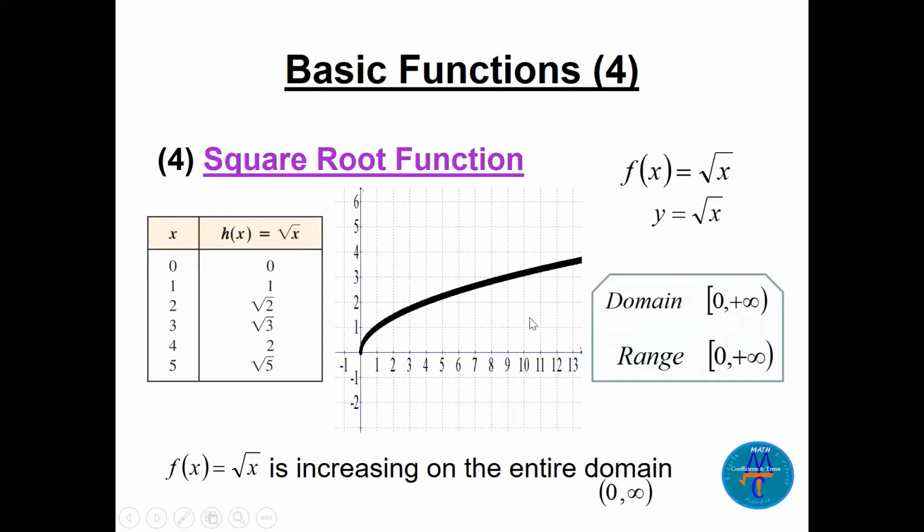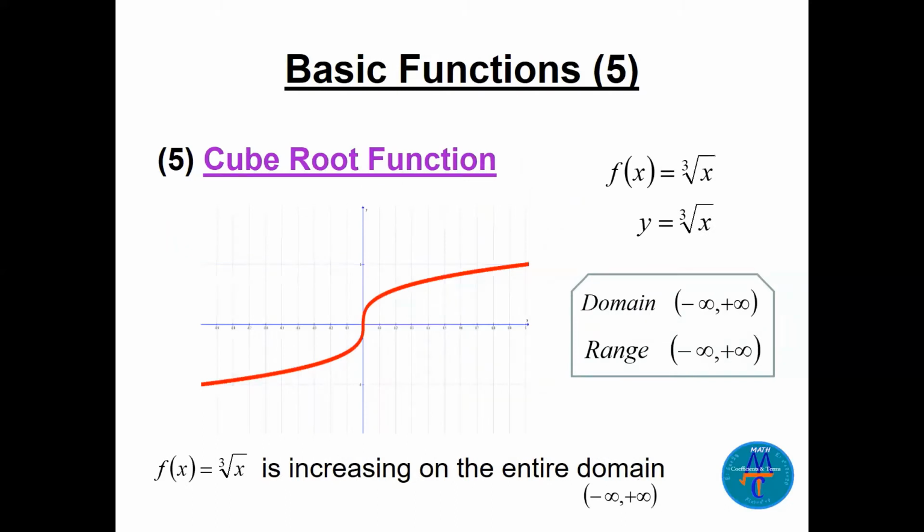So the domain will be the positive values of x, because under the radical, the radicand should be greater than or equal to 0. That's 0 to infinity. And y, which is equal to the square root, is positive, so y will also be the values from 0 to infinity. This is the graph. It is increasing on the entire domain.